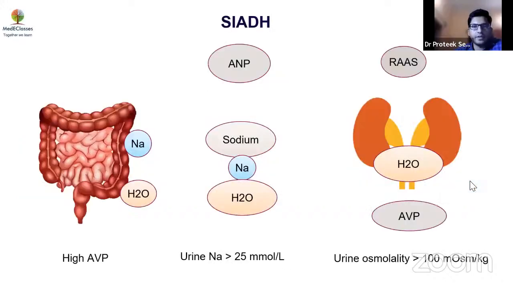Okay, so these two things have been very well discussed. Just remember, in a sick child, you can have both, especially when there has been a cranial or head injury. Hyponatremia can occur in both. So both will have urinary sodium more than 25. But what you need to remember is in SIADH, the child will be euvolemic.